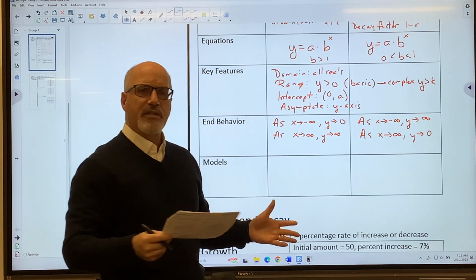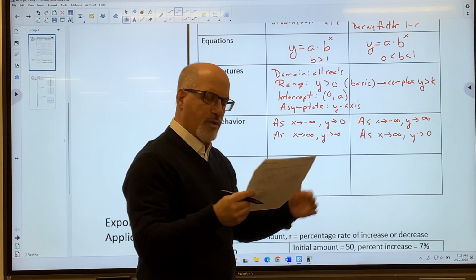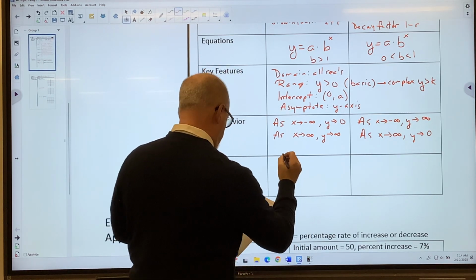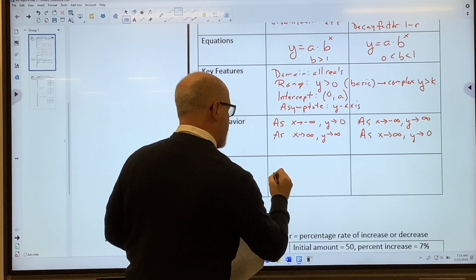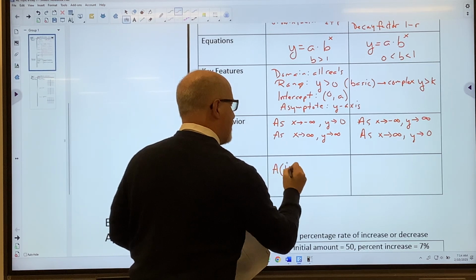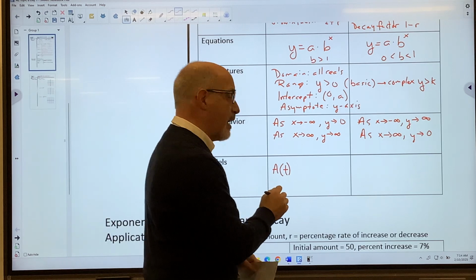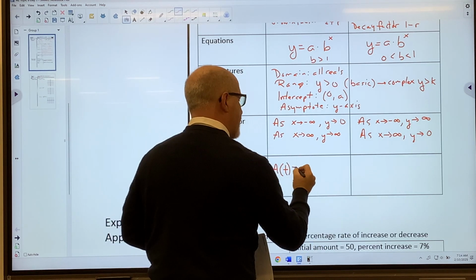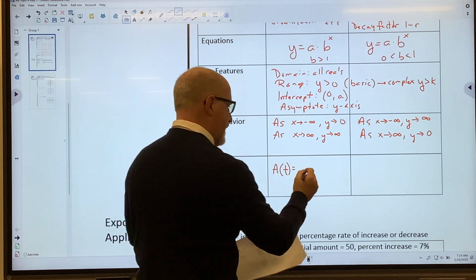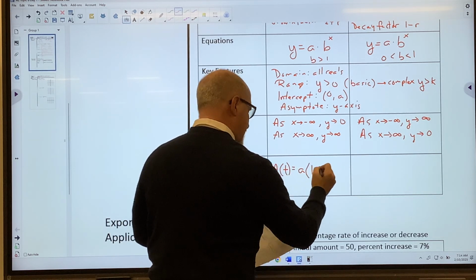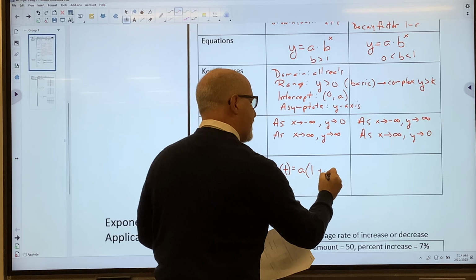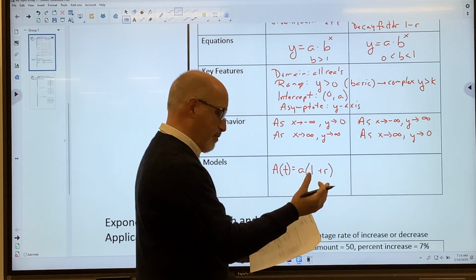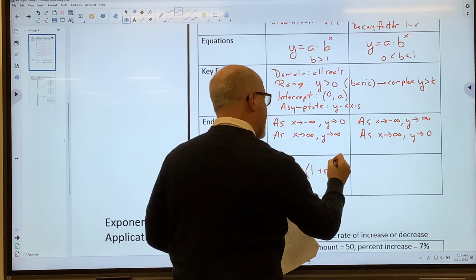All right, so the models, and this will be for the application, this is when we're going to go with growth and decay. The basic formulas we're going to use will sometimes look kind of like this. We'll either use A of t, t being for time, or we might just use A equals, so it will vary. In function notation, A of t equals the initial value times 1 plus the rate of growth, so 100% plus the rate would give us a decimal for that, and that's to the t power.